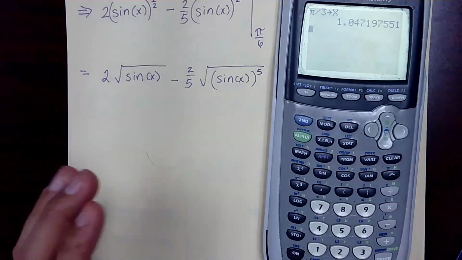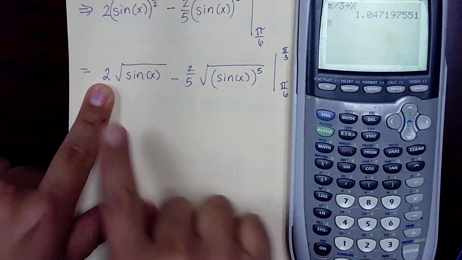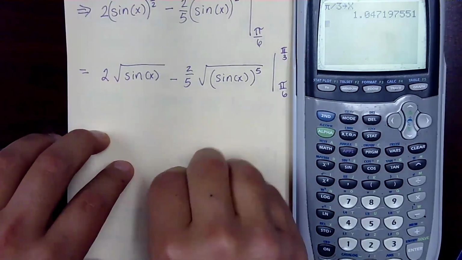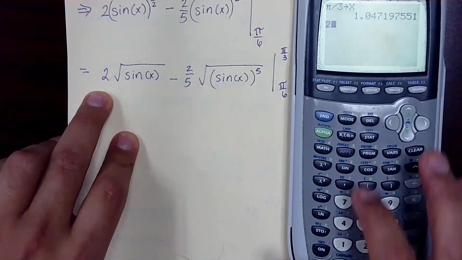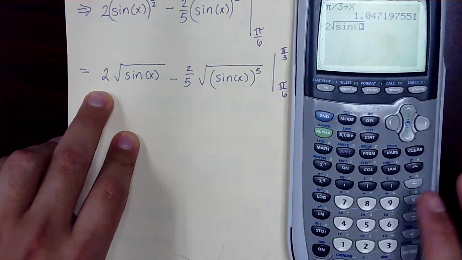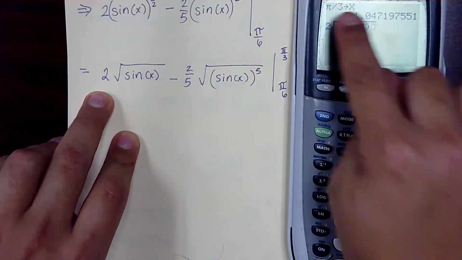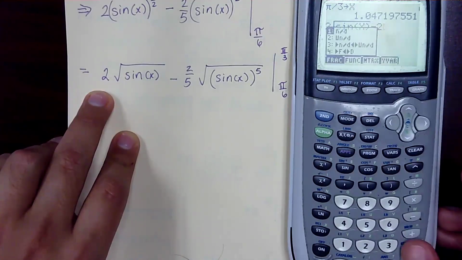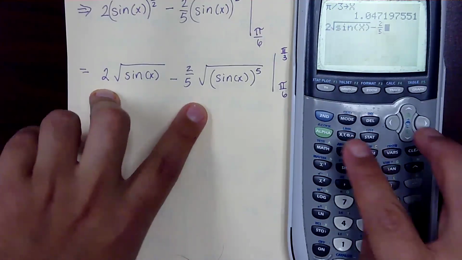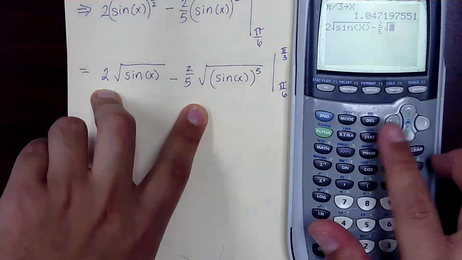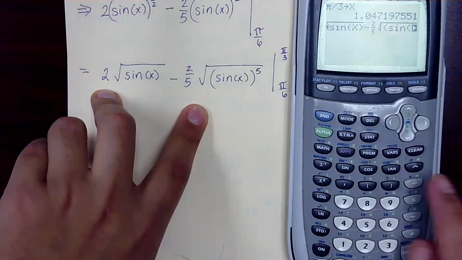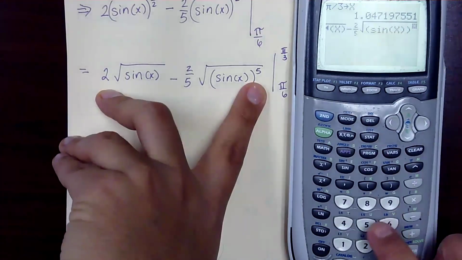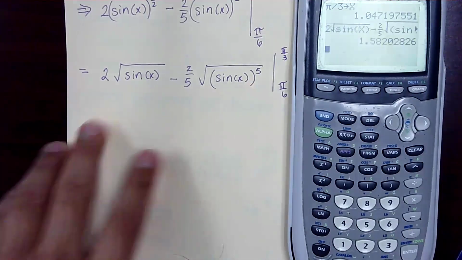So in doing that, now I can just type in exactly this function, hit enter, and it's going to give me the first value that we're going to then subtract from. So we'll just do 2 times the square root of sine x, and the calculator is storing pi over 3 as x, minus 2/5, and then we have the square root of sine x again, but then we're going to raise that to the 5th power, and we get this number.